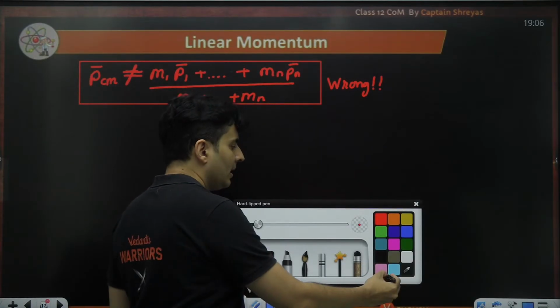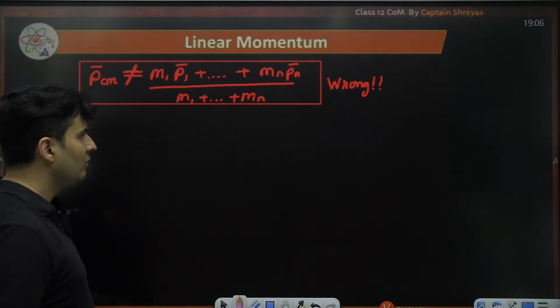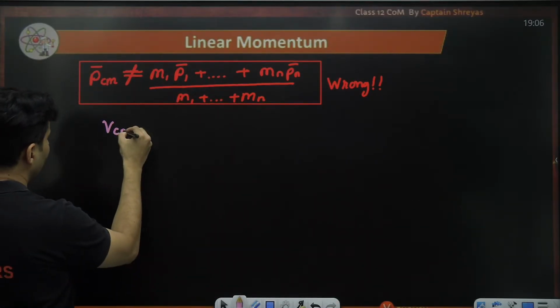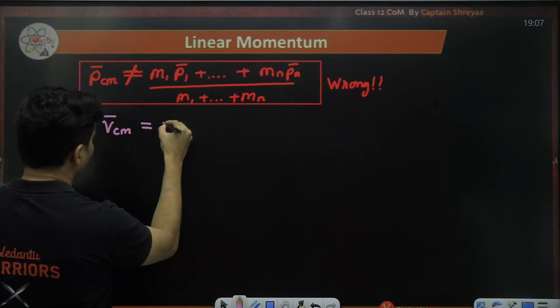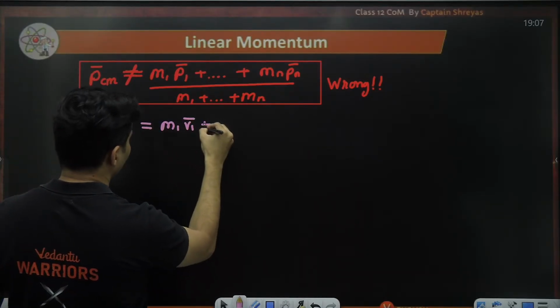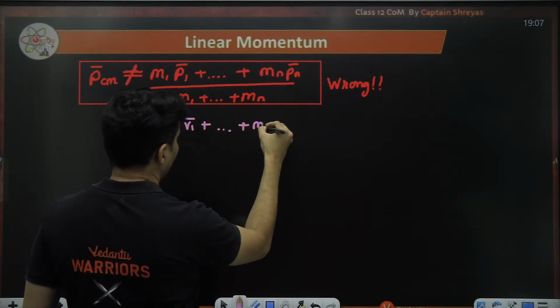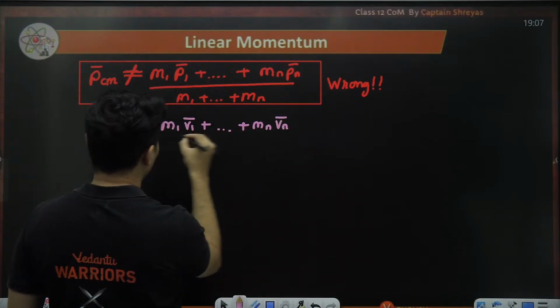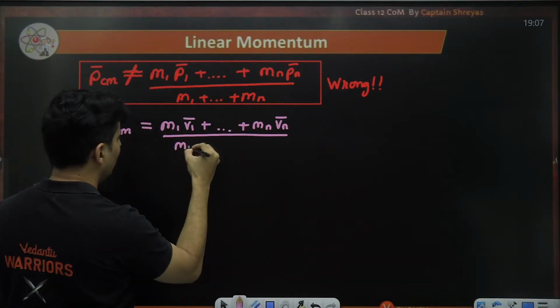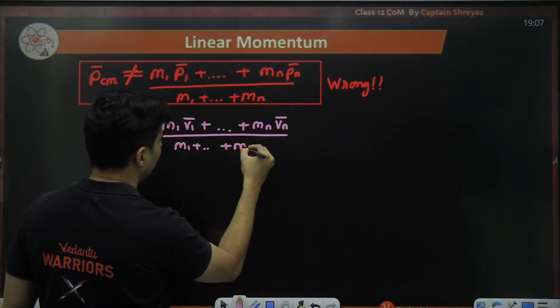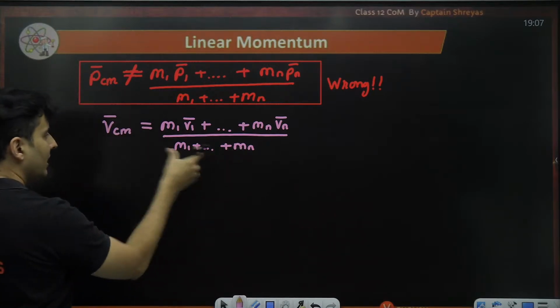Now I'll tell you why this is wrong. If you go with the velocity of the center of mass formula, remember it is m1 v1 plus m2 v2 like that till mn vn upon the total mass m1 like that till mn. Take this over here.